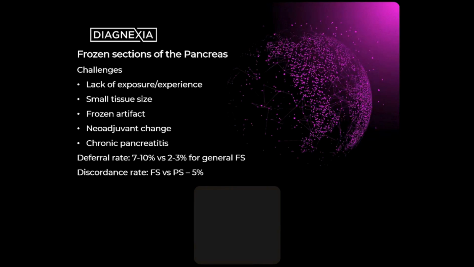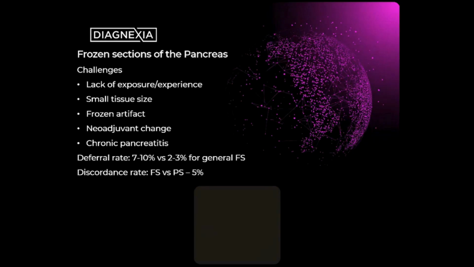Up to 10% of pancreatic frozen sections, the report is deferred to permanent sections. And that is acceptable because you do not want to overcommit. So just remember that the advice that I gave about deferring or not committing is widely accepted in a variety of institutions where they do pancreatic frozen sections.